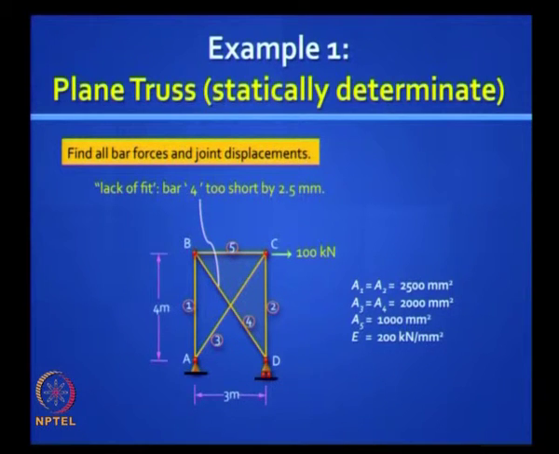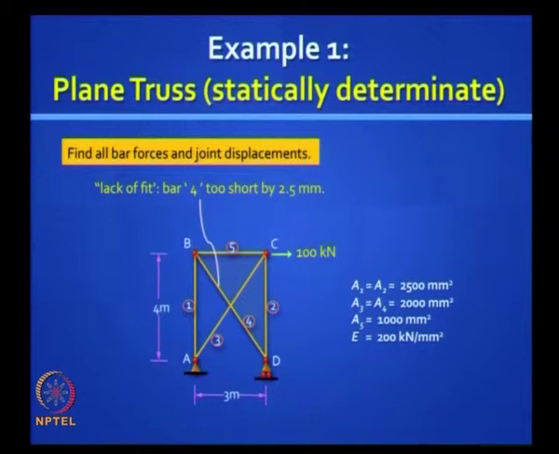One is a direct action of 100 kilonewton and the other is a lack of fit. So bar 4 is too short by 2.5 mm. Question is very clear, find out all the bar forces and the joint displacements. I mean, these are the unknowns in the structure. You can also get the support reactions very easily, right.